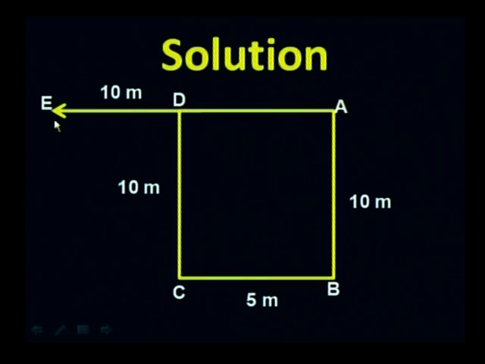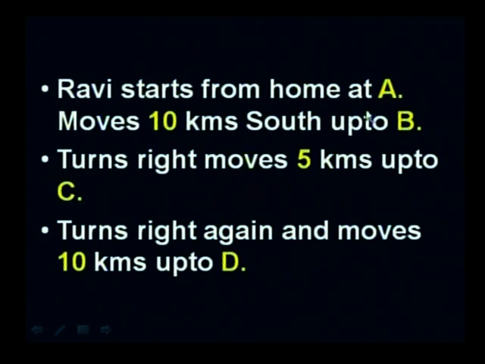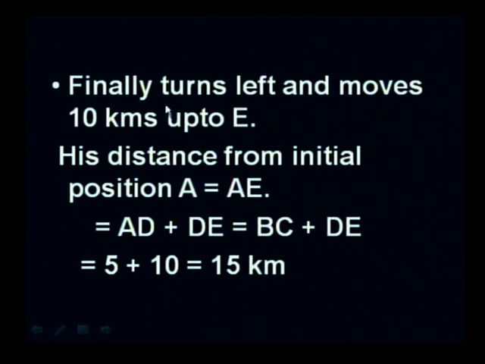So, now here E to D is 10 kilometers, and if you look here, Ravi starts from home A, moves 10 kilometers south up to B, turns right, 5 kilometers up to C, turns right again and moves 10 kilometers up to D, finally turns left and moves 10 kilometers up to E. So, his distance from the initial position to E, AE, is what we will have to find out.